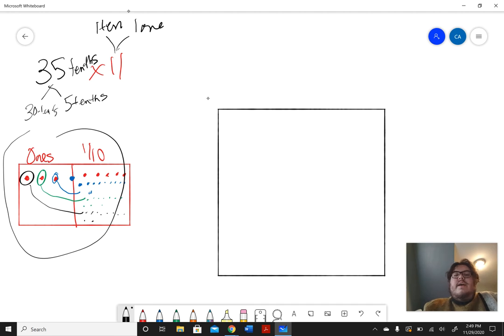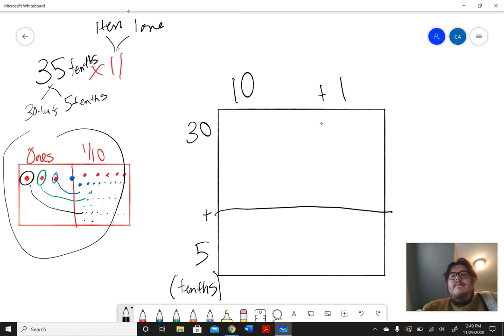All right, it looks like this side is a little bit longer, so let's put our thing here. Okay, so we have 30. I'm going to put plus 5 because we had 30 plus 5, and I'm going to put tenths down here just so we don't forget. Okay, then up here we have 10 plus 1.